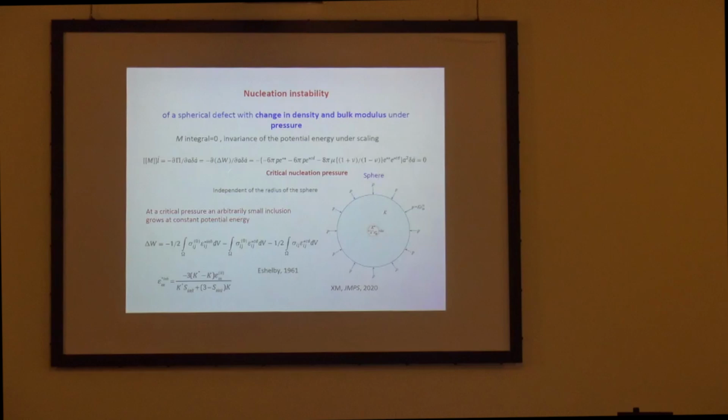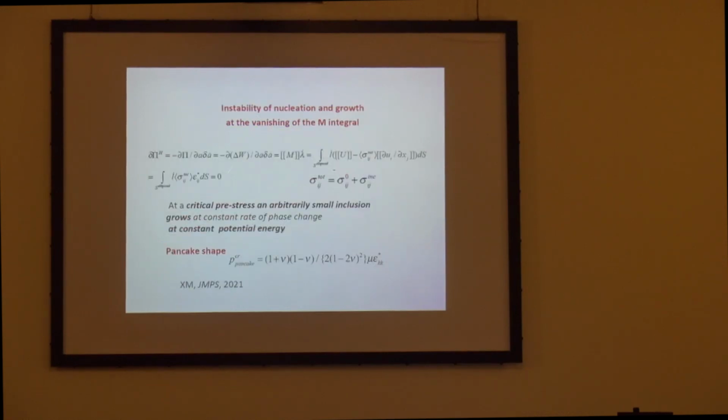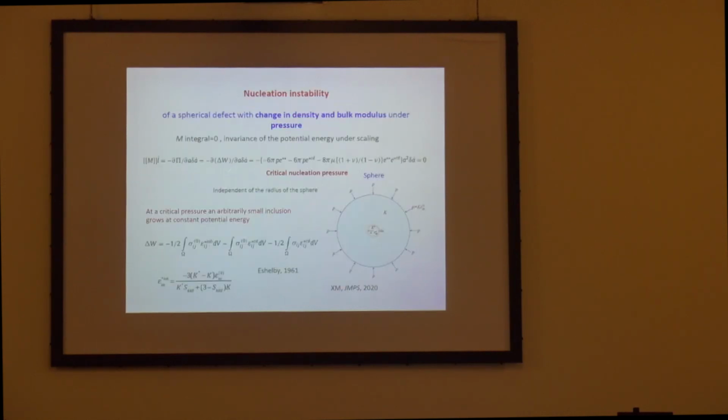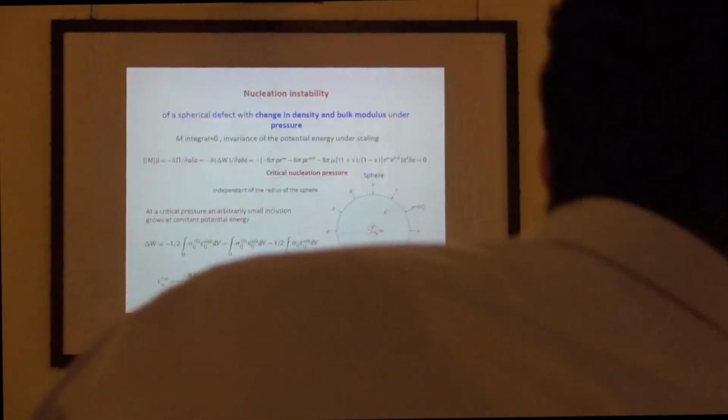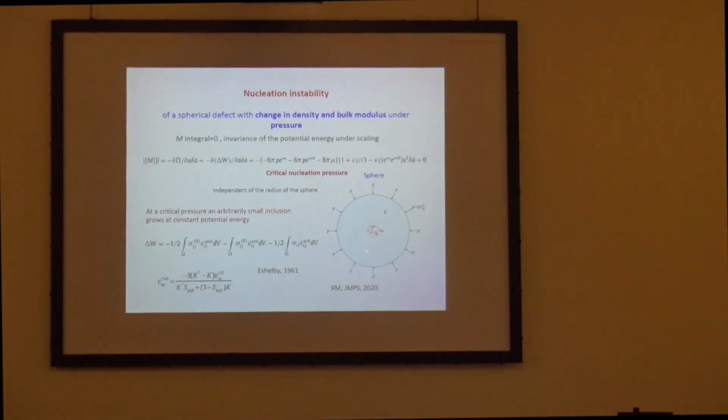If we have a small spherical defect, it doesn't matter what radius actually, that has a change in density and also a change in bulk modulus, K to K star.